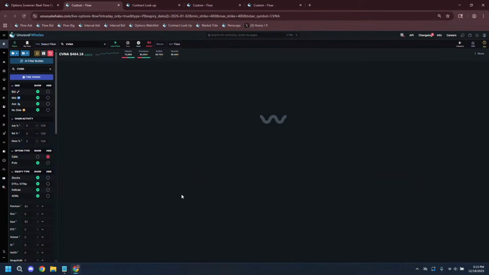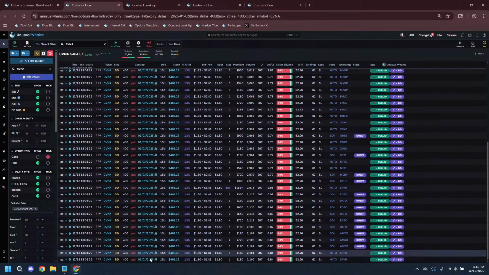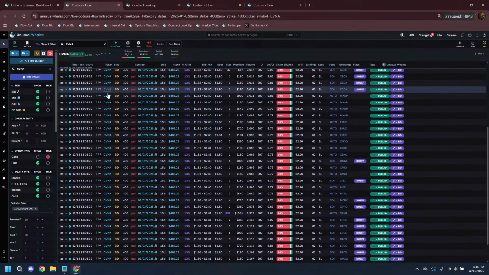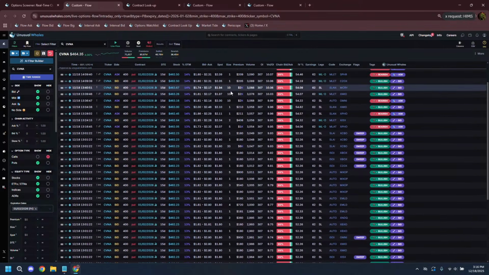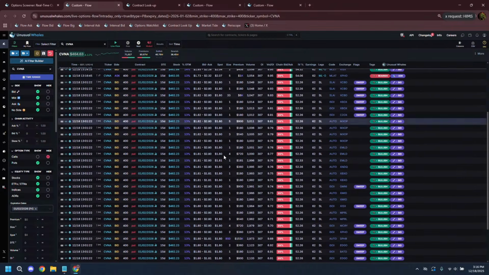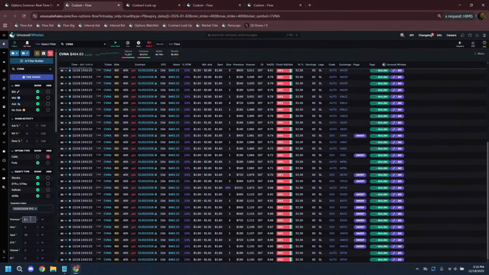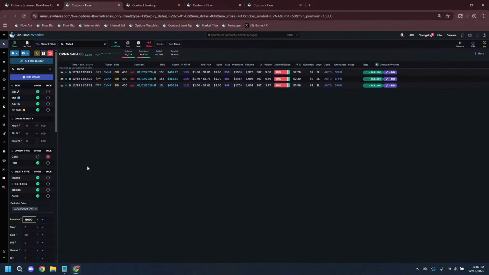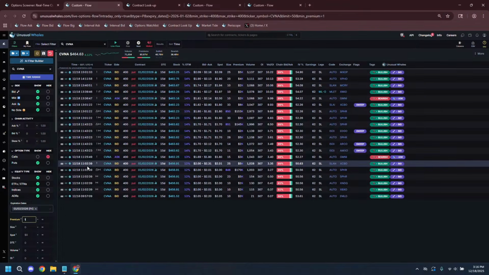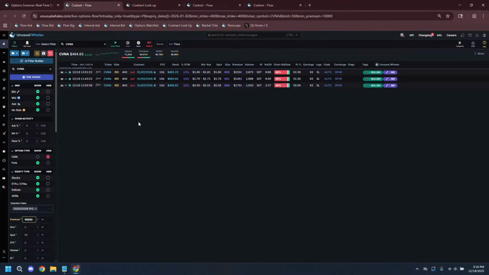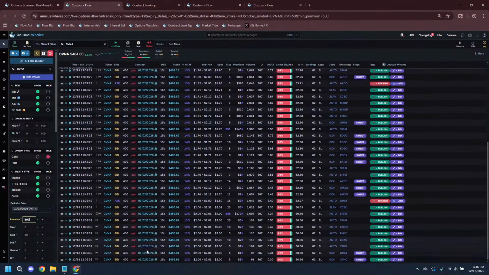What does the tape look like? Any clues? Do we have any changing spot prices? No. Just looking around, there's so much activity here. Doesn't look like we're getting any.